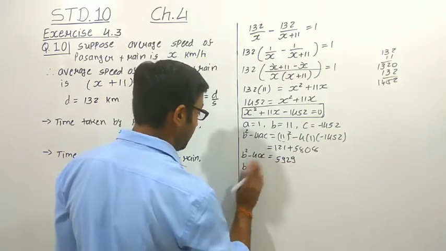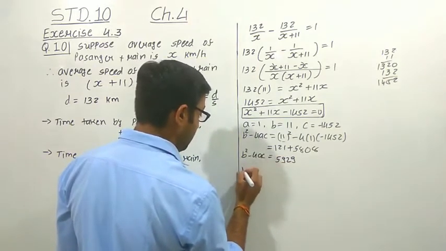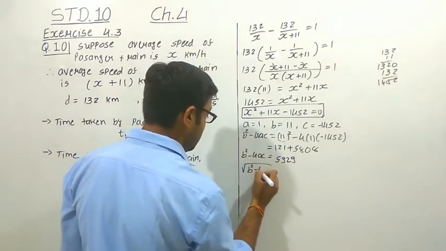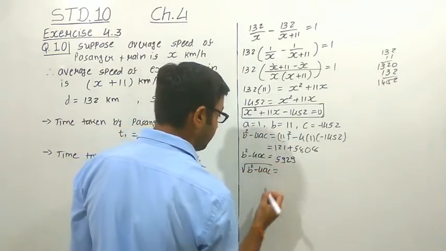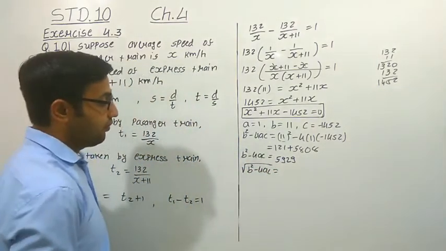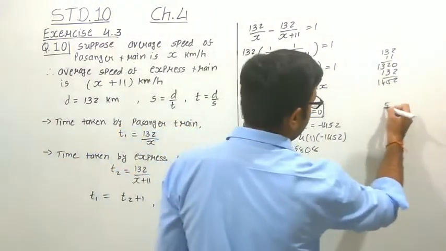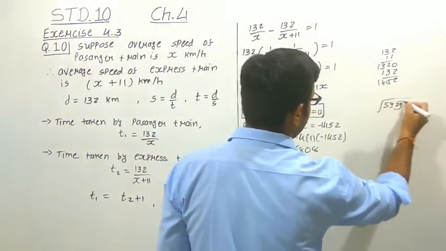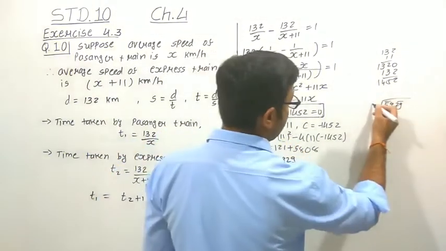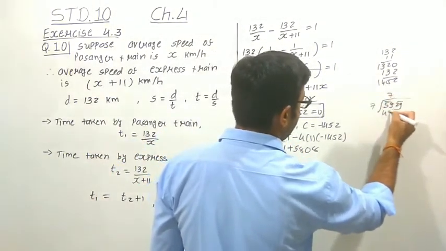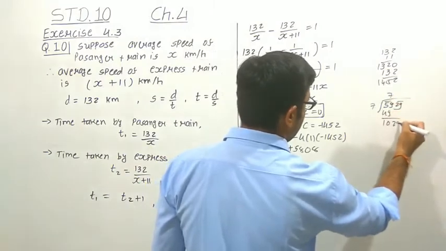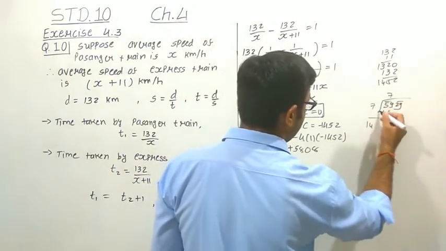Now let us find the square root of b square minus 4ac. So for 5929, we have to make pairs of two digits. First of all, we get 7, 7 7s are 49. So here we get 10, 29. Let us take it, double it, we get 14.